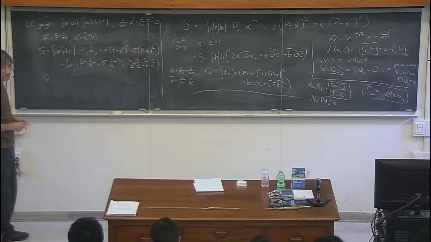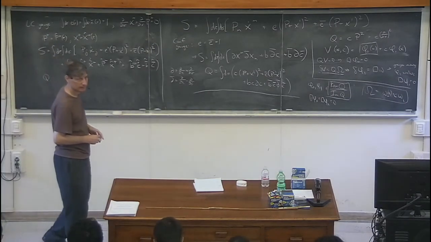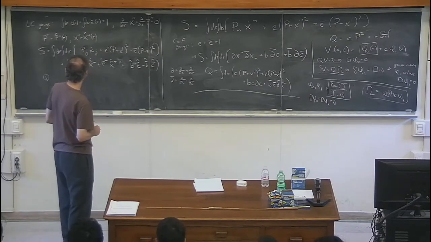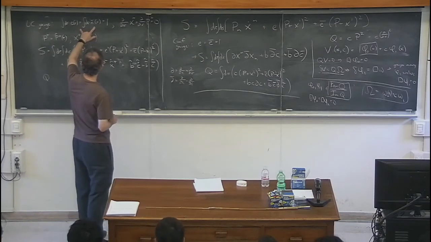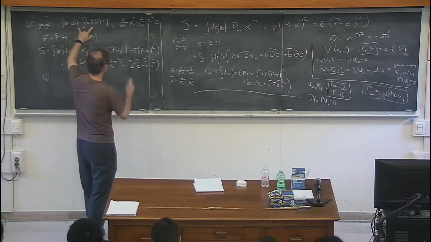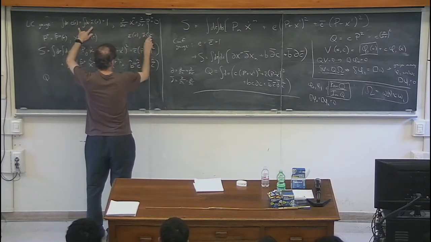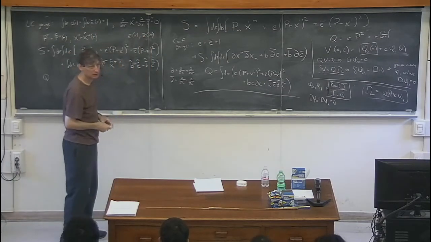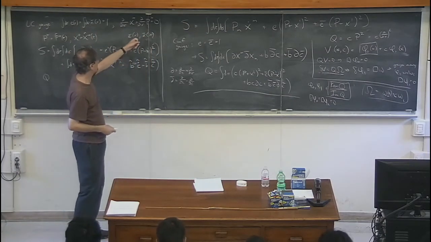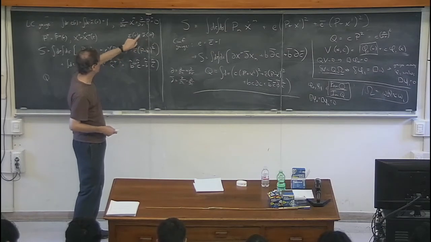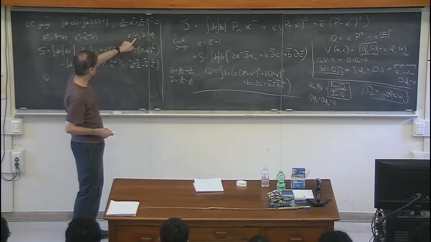Yes? How do you see at this level that the first line is a gauge fixing condition? Okay, so remember we have the epsilon of sigma and epsilon bar of sigma. Those are my gauge parameters. And now what you have to check is that you've successfully gauge fixed these symmetries. So epsilon of sigma has the part which depends on sigma and the part which doesn't depend on sigma.